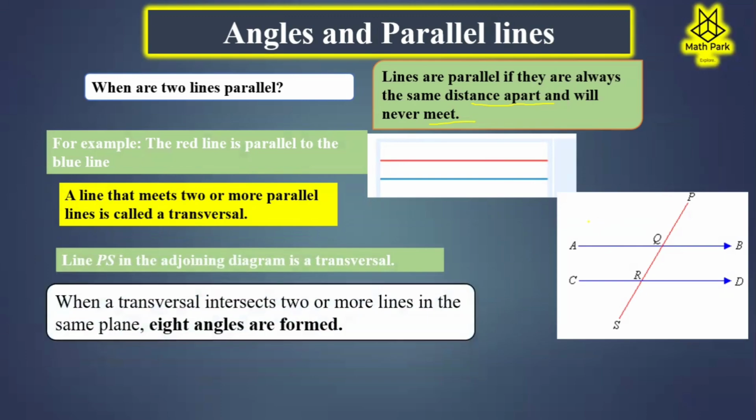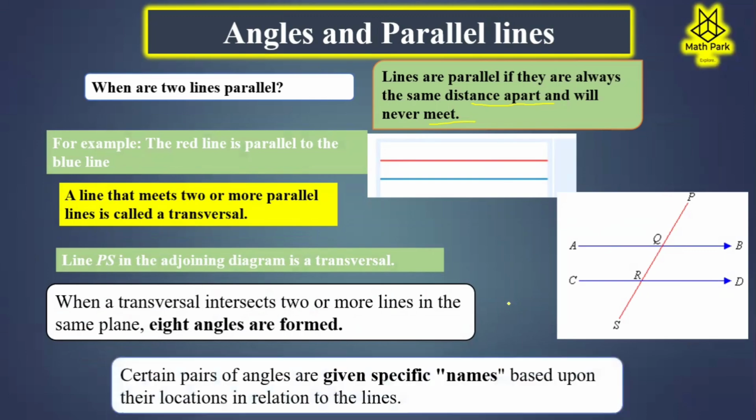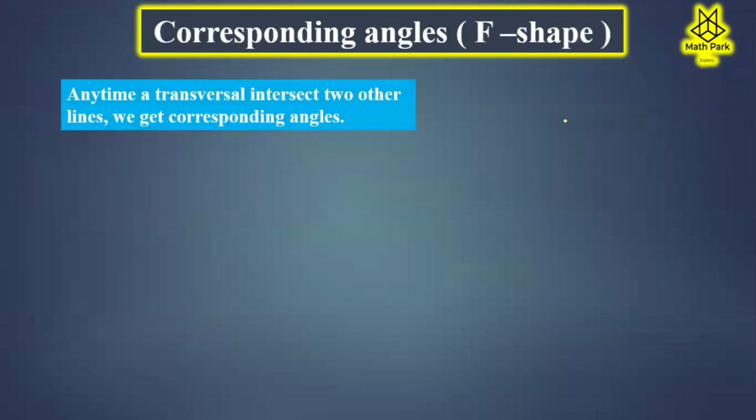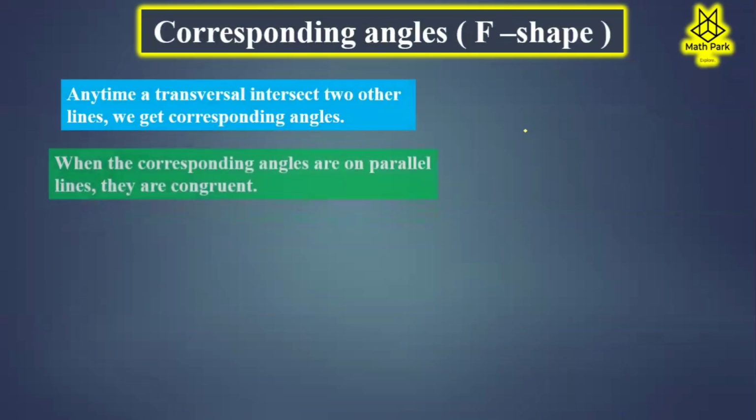When a transversal intersects two or more lines in the same plane, 8 angles are formed. Certain pairs of angles are given specific names based upon their locations in relation to the lines. Corresponding angles are F-shape angles. Anytime a transversal intersects two other lines, we get corresponding angles.